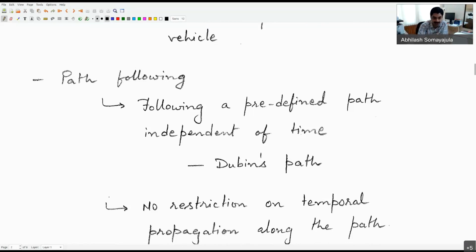At T1, I want it to be somewhere. At T2, I want it to be somewhere else. T3, I want it to be somewhere else. But I may also have a path following approach, which may be more relevant when I'm trying to do a survey operation, let's say. Let's say I want to take a port channel, look at it, and come back and determine where to dredge.